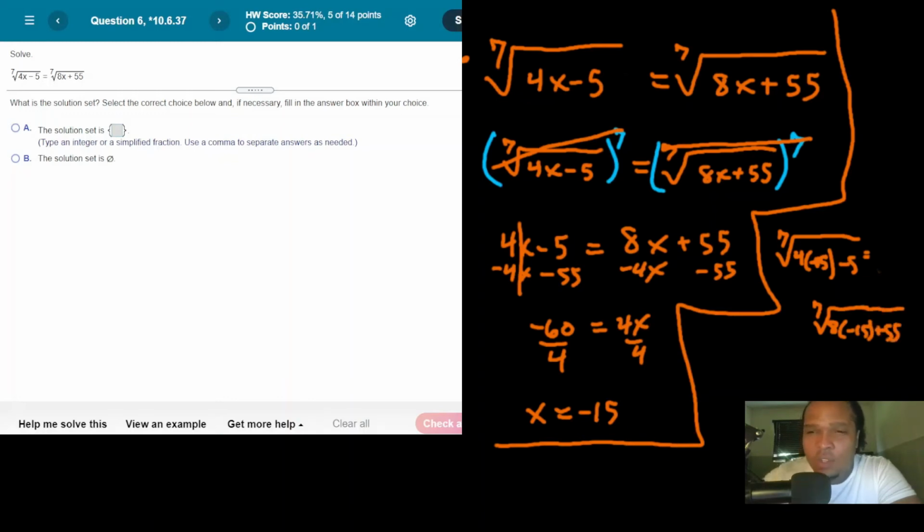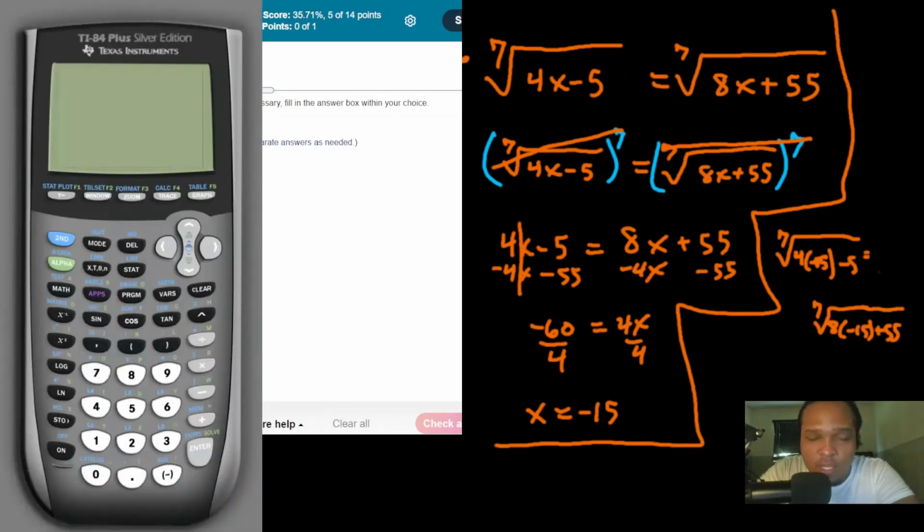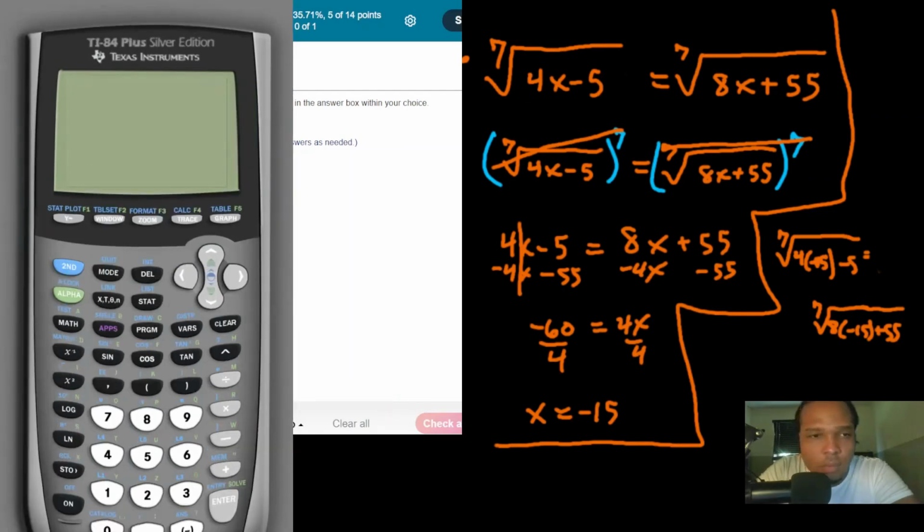You know, these numbers are a little bit messy, so I'm going to go ahead and plug these inside my little calculator here. Okay, so we're trying to find the 7th root of 4 times negative 15. So let's do that first. 4 times negative 15. And then we're going to subtract 5 from it.